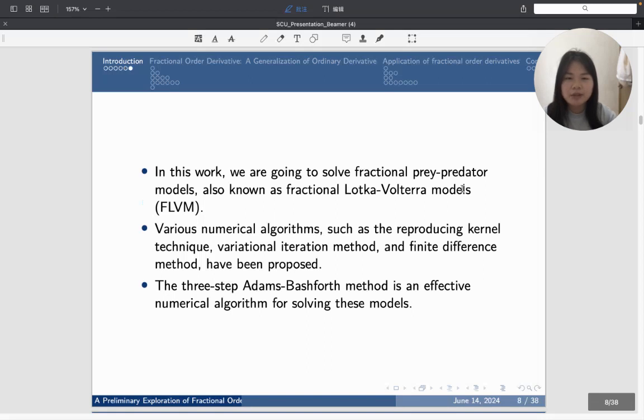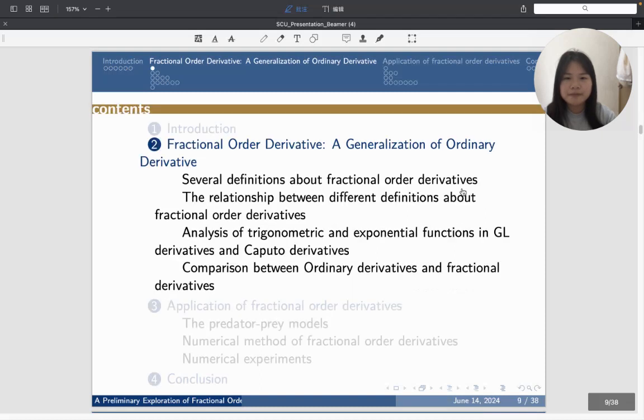In my work, I'm going to solve a fractional predator-prey model, also known as the fractional LV model. Various numerical algorithms have been proposed, such as reproducing kernel techniques and the finite difference method. I choose to use the three-step Adams-Bashforth method to solve this problem. It's a very simple but very effective numerical algorithm.